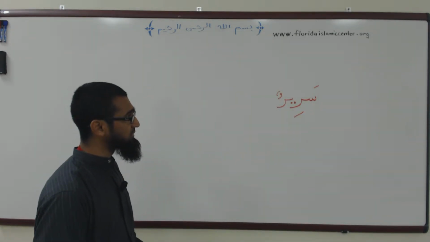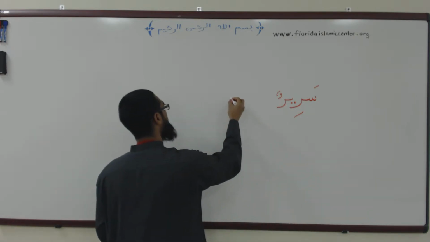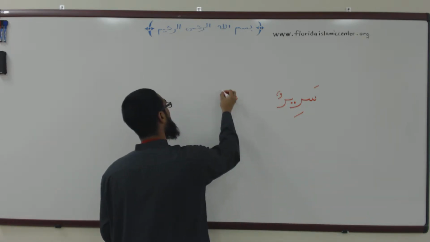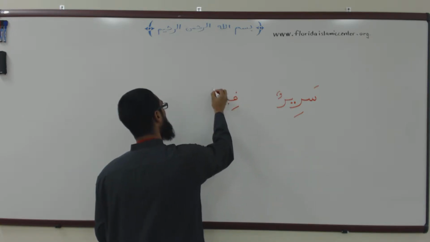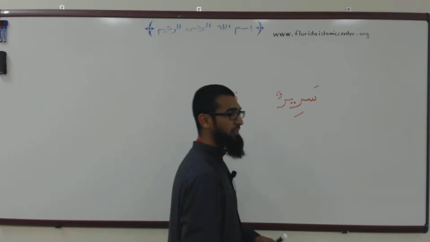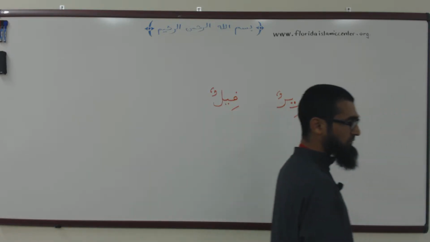How do you read that word? Filun. Fil is an elephant. Okay, and give me an example. What's the last word on the second row?